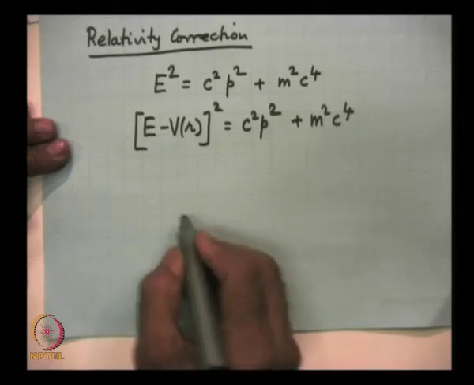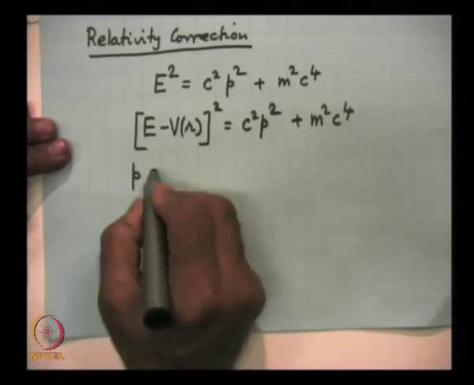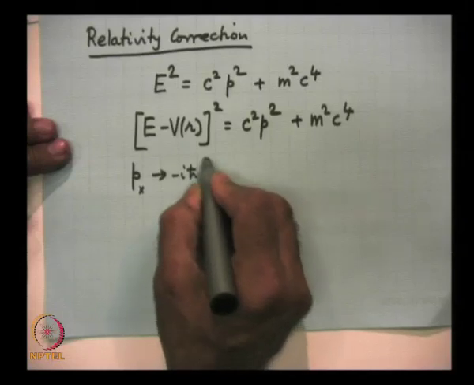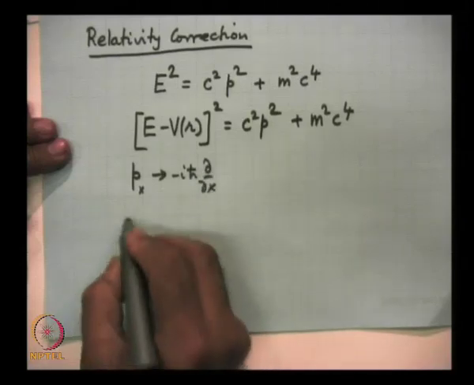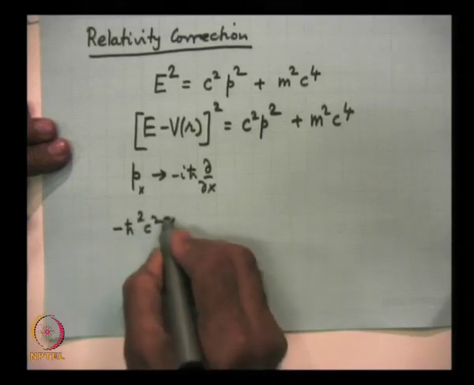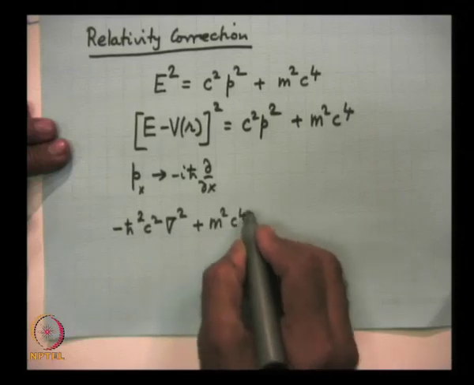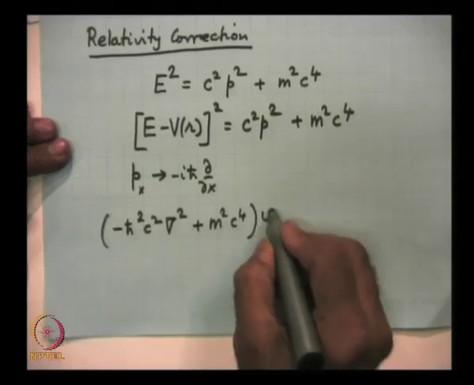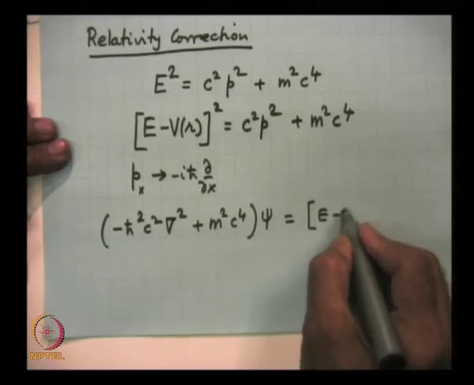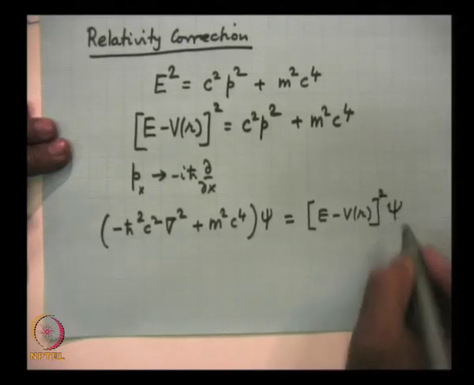So, I write the corresponding relativistic Schrodinger equation. I represent p x, p y, p z by p x equal to minus i h cross del by del x and so on. So this will become minus h cross square c square del square plus m square c 4, psi, is equal to E minus V of r whole square times psi.